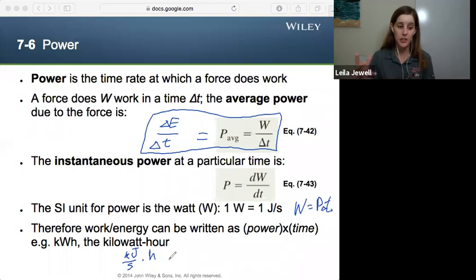Power, incidentally, also highlights your light bulb when it says it's 60 watts. That's not saying how much energy your light bulb will use. It's telling you how much energy per second it will use. So that 60 watts says that in 1 second, that light bulb will use 60 joules of energy. Isn't that cool? It's all around you.